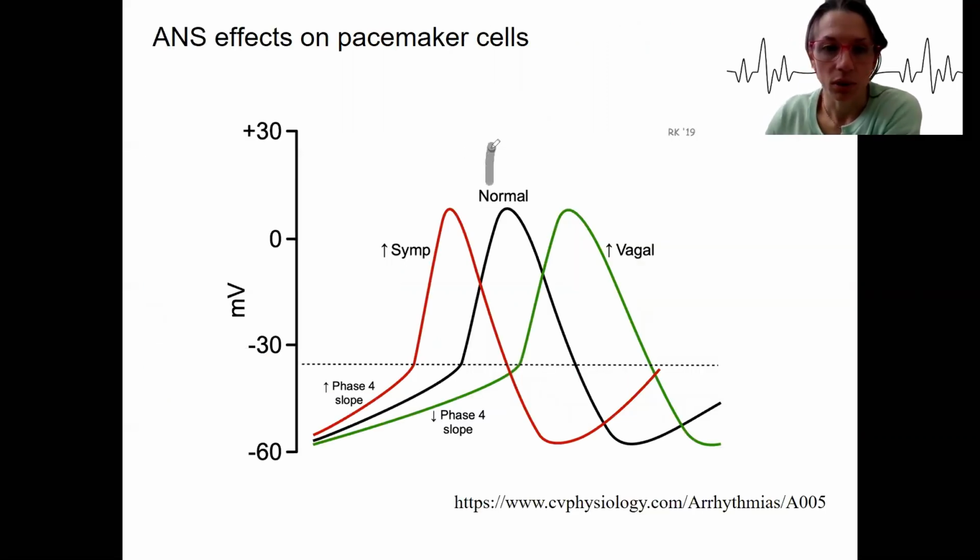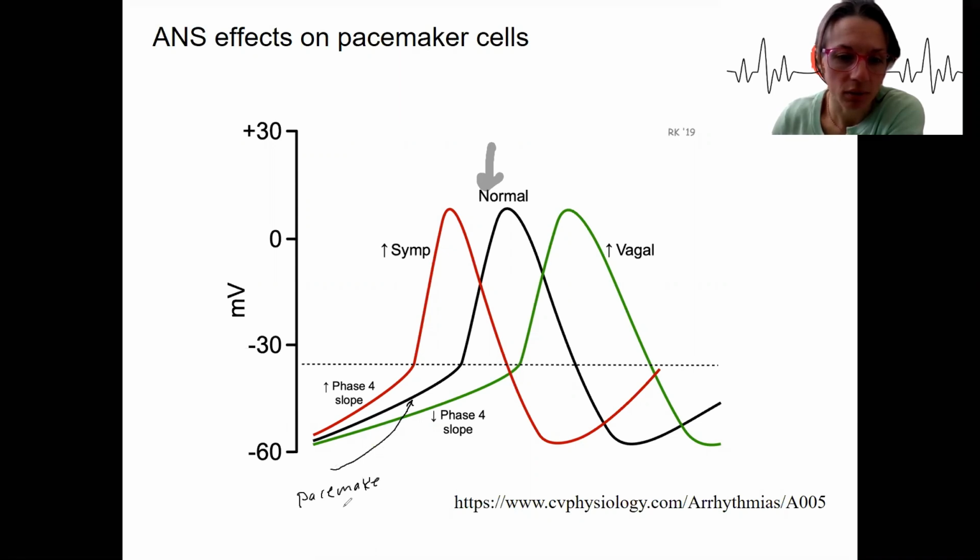This is your normal heart rate. And remember that slope that is due to depolarization, that pacemaker potential. This happens spontaneously as the action potential ends and the cell repolarizes.